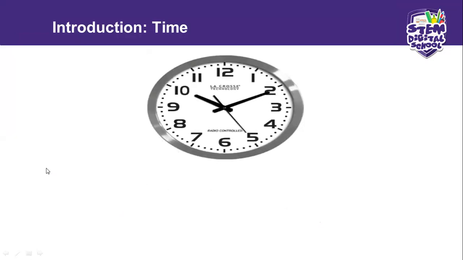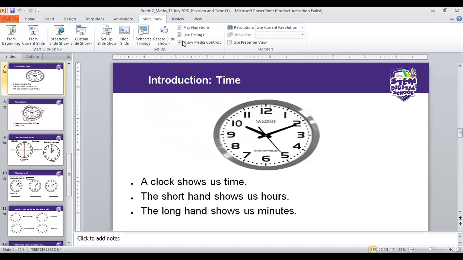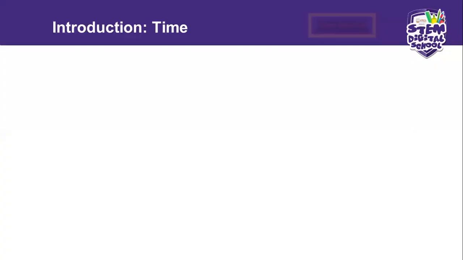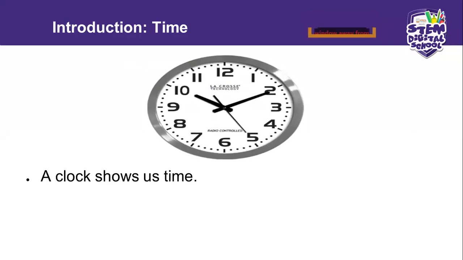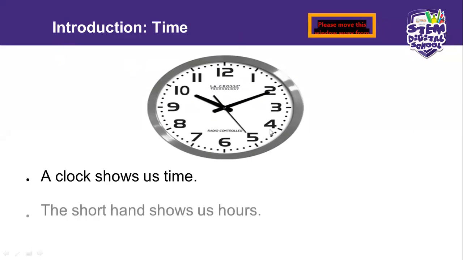Right. This morning we are going to talk about time. Are you seeing time for the first time? I believe not. Okay. So a clock or a watch shows us time.